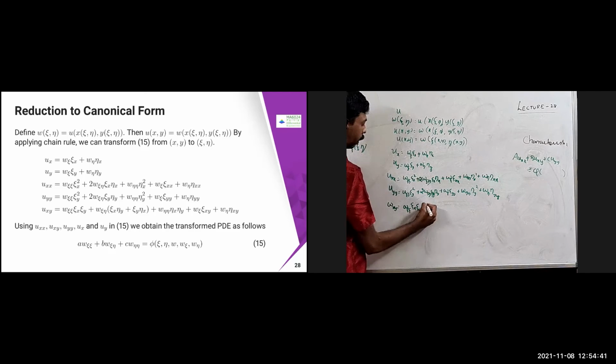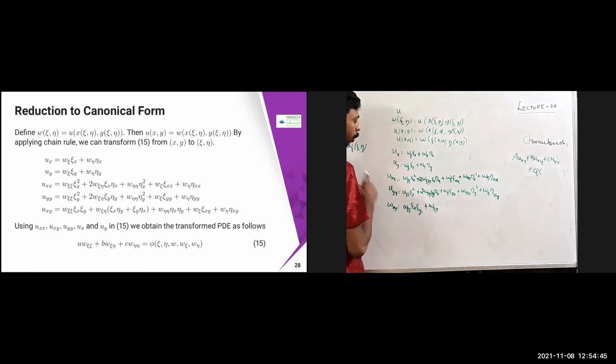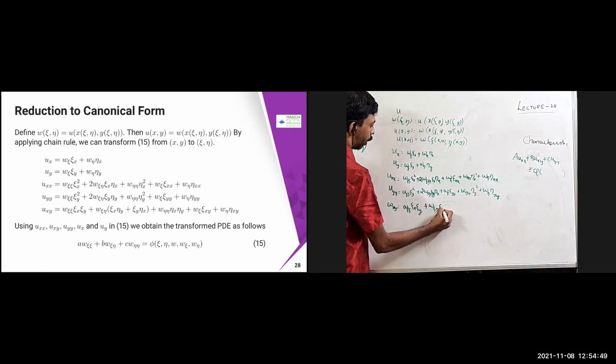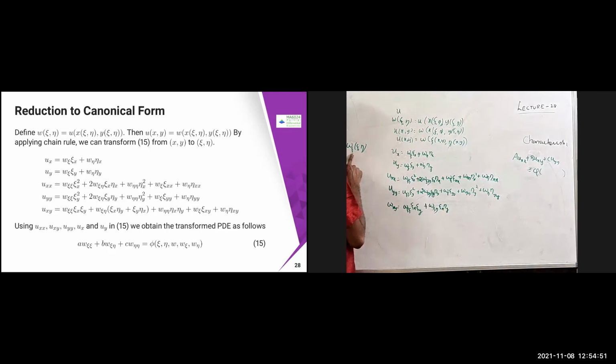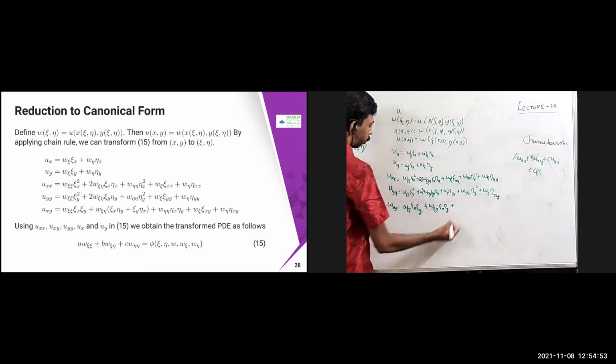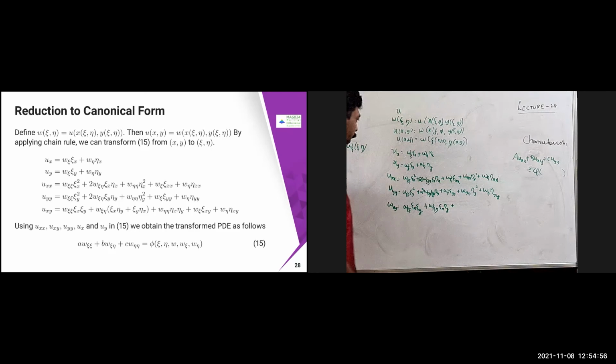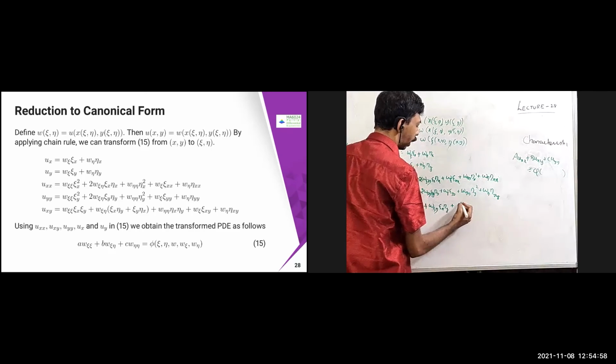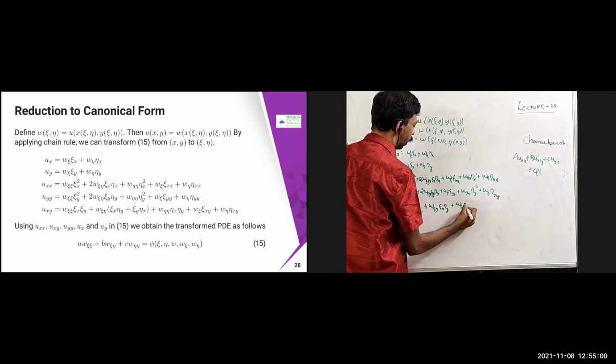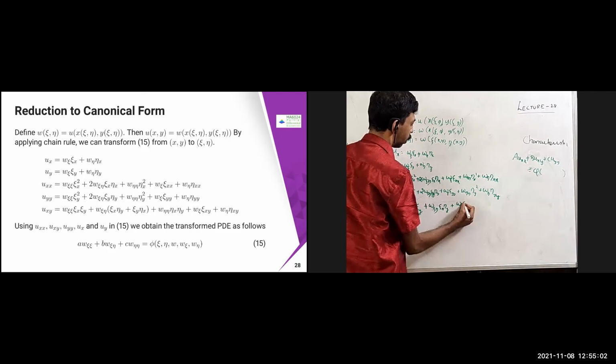It's not done so far. Then w, you are going to have chi eta because you differentiate with respect to eta, and already chi x is there, and eta y is going to come: chi x eta y. Then plus, I have to differentiate this one, so that is going to be w chi into chi x, y is going to come.